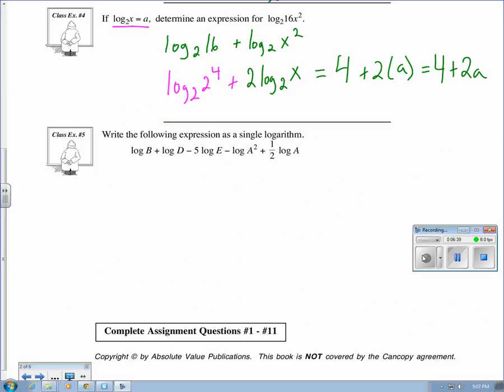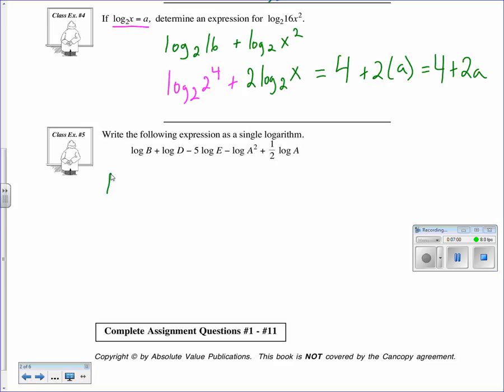Now I'd like you to look at the length of this one and figure out how you're going to attack it. Where does multiplication take place? Where does division take place? Where can I make use of my power law? I'm going to first rewrite it so that all my additions are together. Putting my additions together will allow me to view that all as multiplication.